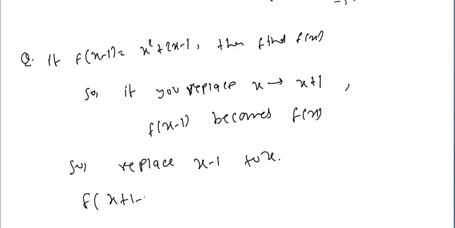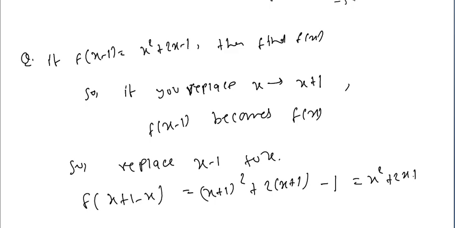Instead of x we have to put x plus 1, so here is x plus 1 the whole square plus 2 times x plus 1 minus 1, that is equal to x square plus 2x plus 1 plus 2x plus 2 minus 1, that is equal to x square plus 4x, and this simplifies to plus 2.